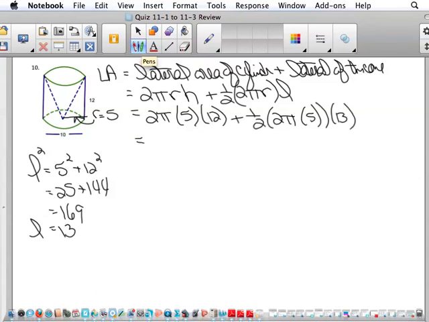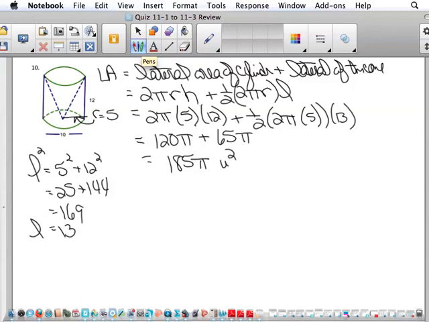So that's going to give me 120 pi for the lateral area of the cylinder, plus 65 pi for the lateral area of the cone. That gives me 185 pi units as that lateral surface area.